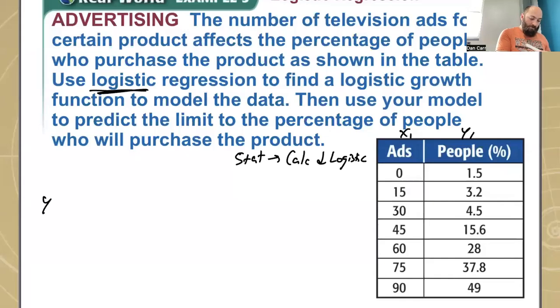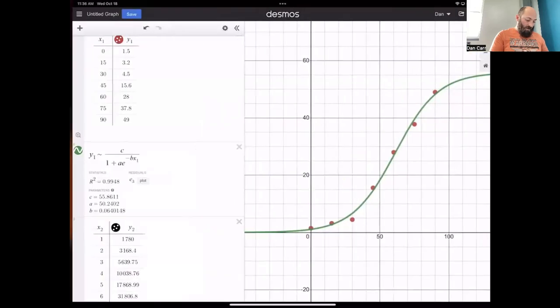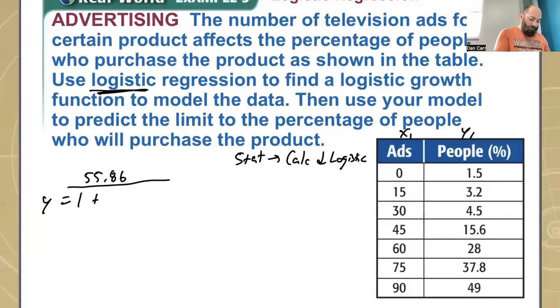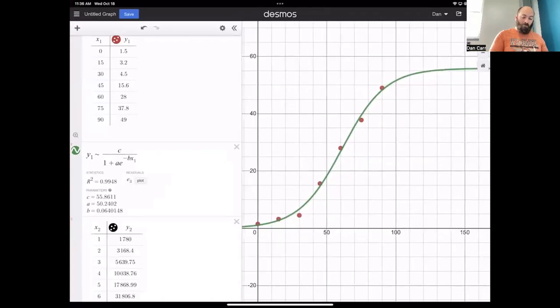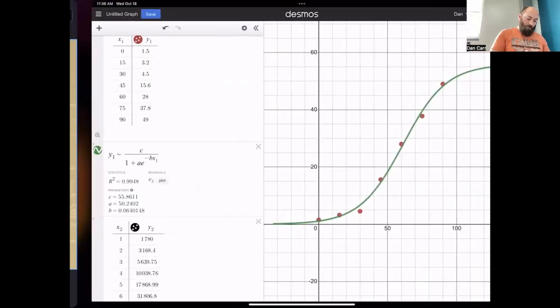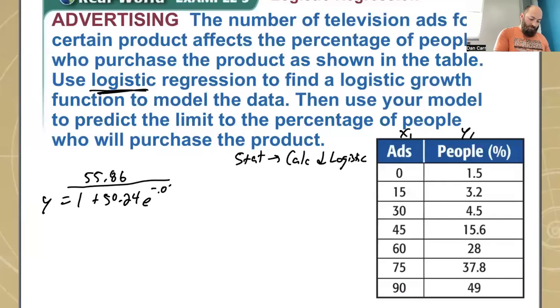So y is equal to 55.86 divided by 1 plus a, which was 50.24, times e raised to the negative 0.064 x. Okay, so that is my logistic model.